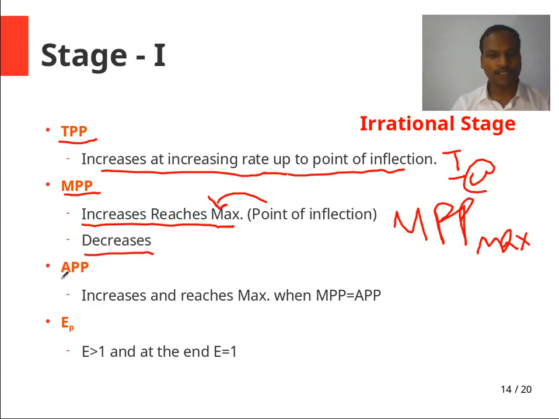APP increases and reaches maximum when MPP equals APP, as we have seen in the graph. Elasticity is greater than 1 and at the end it is 1.